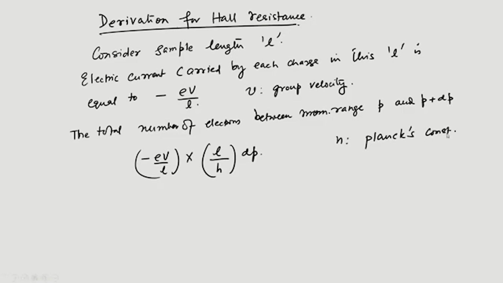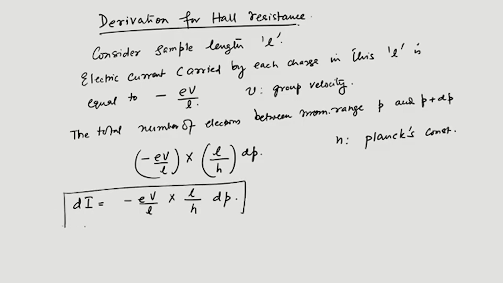So it's in this range, and so the current that comes is equal to minus eV over L into L by h and dp. So that's the elemental current that is there in this small length L in the momentum range p and p plus dp.